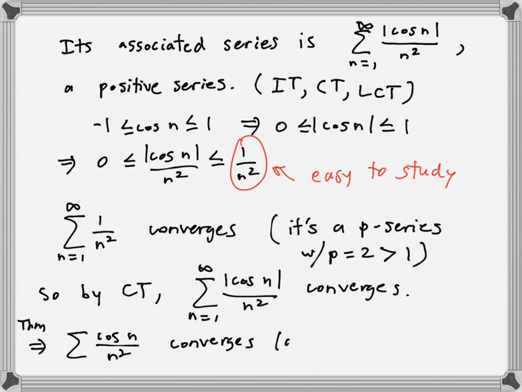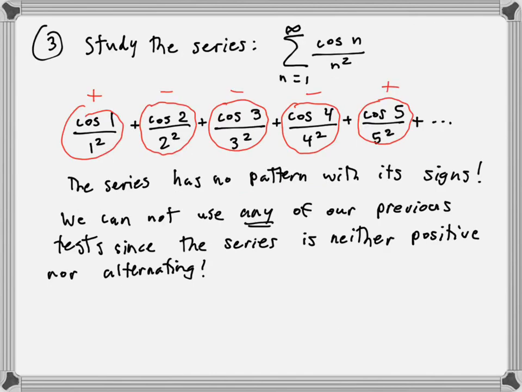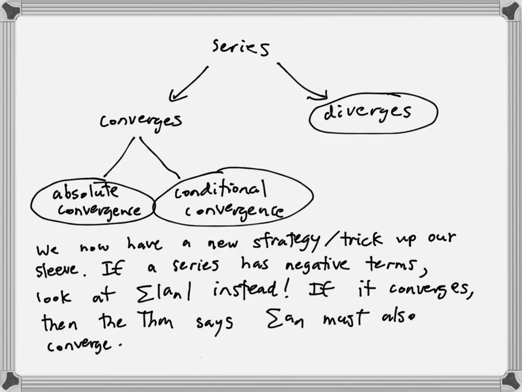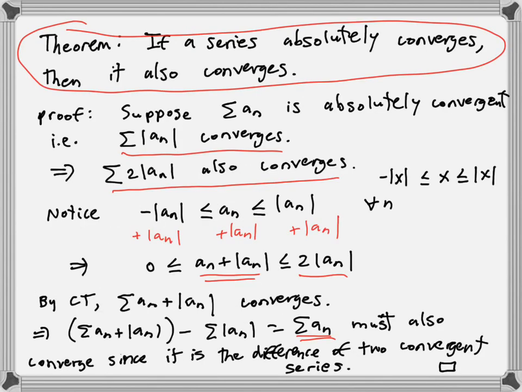And not only does it converge, but I just showed that it converges absolutely, right? Because I showed that its associated series converges, and that's exactly what the theorem says. Let's go back. The theorem says that if a series absolutely converges, then it also converges.